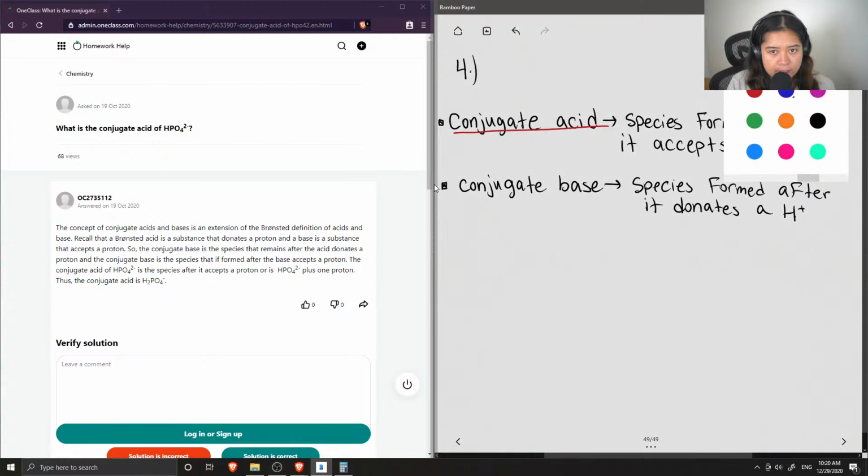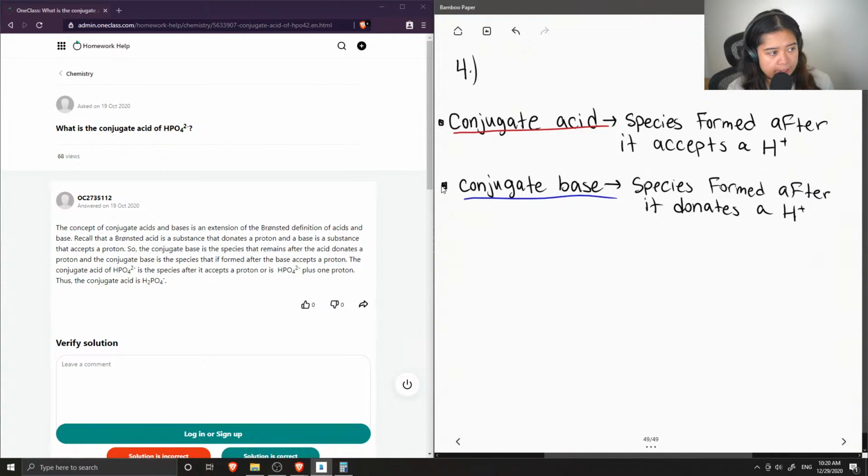Okay, so conjugate acid and conjugate base. So the question is asking for the conjugate acid of HPO4 2-.